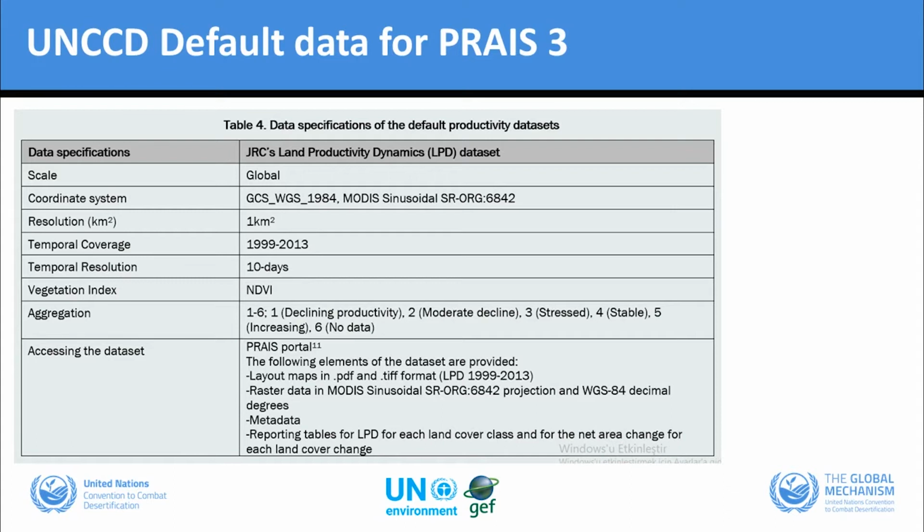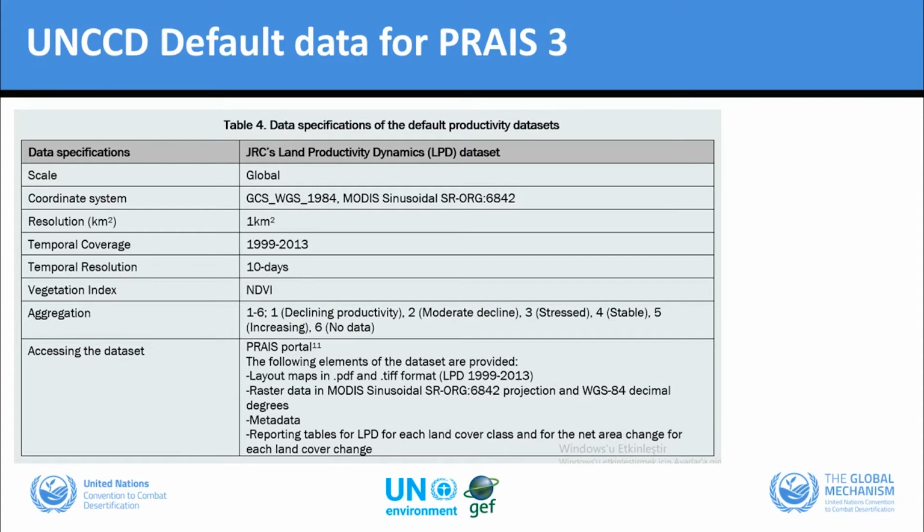This dataset developed following global standards provided by the European Commission Joint Research Center. In this table you can find the information about data specification. Very briefly, this dataset has 1 kilometer spatial resolution, and it covers the observation of 10 days interval from 1999 to 2013. And the dataset is aggregated into 6 classes.